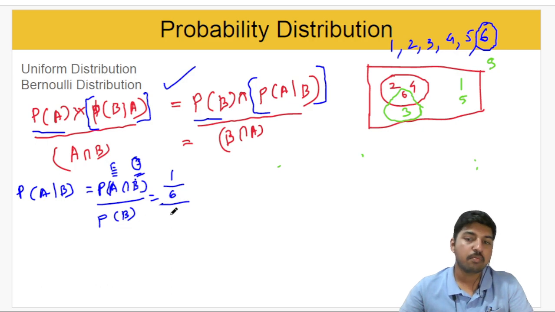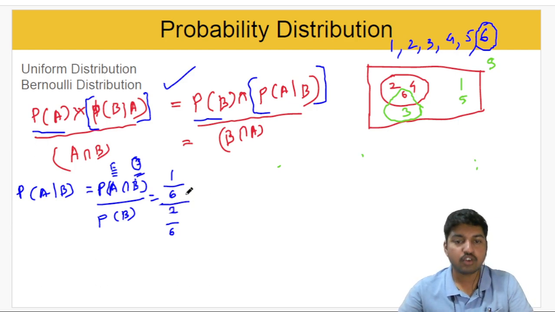What is probability of B? My B event is divisible by 3. How many favorable outcomes are there? 2. So my probability of B becomes 2 by 6. You might get confused, so I will do this multiplication manually: if we are dividing by a fraction, we do the inverse multiplication.